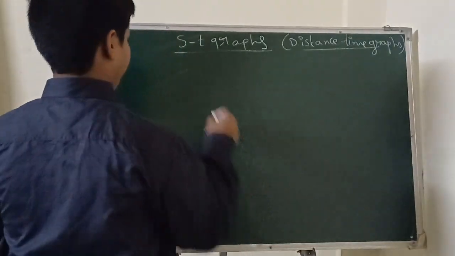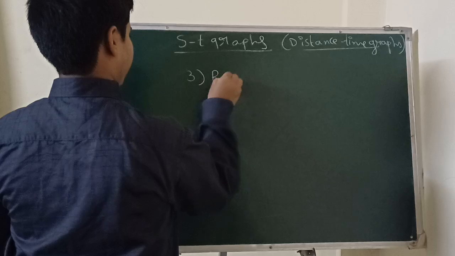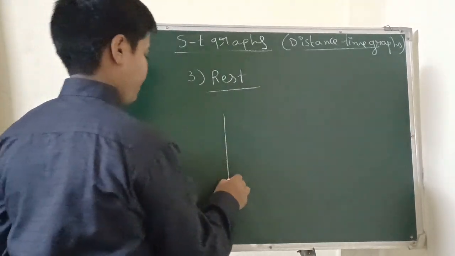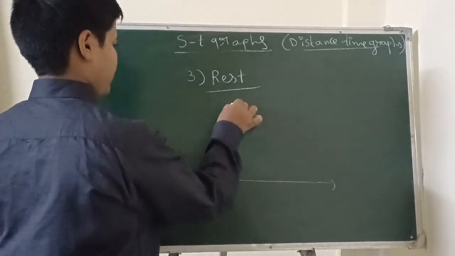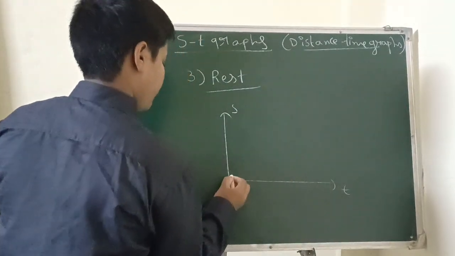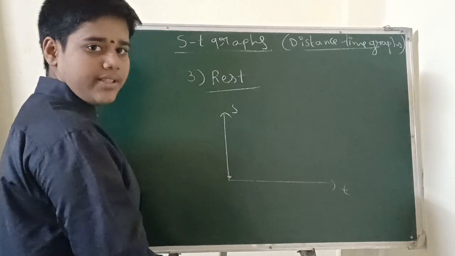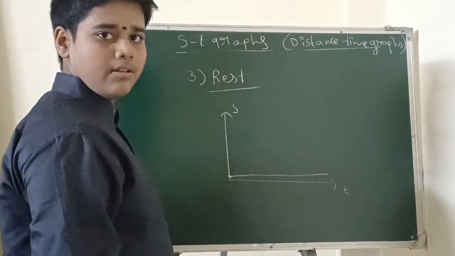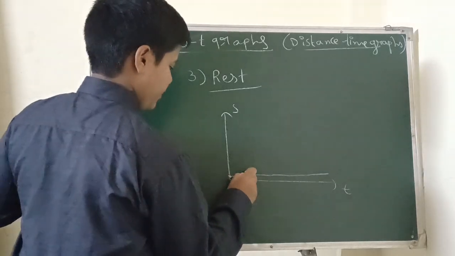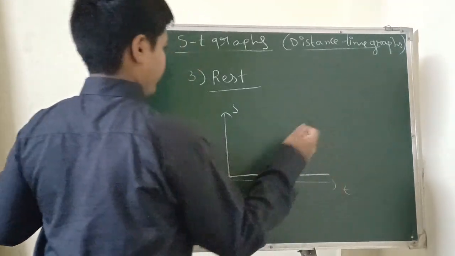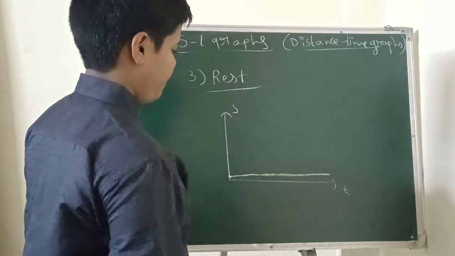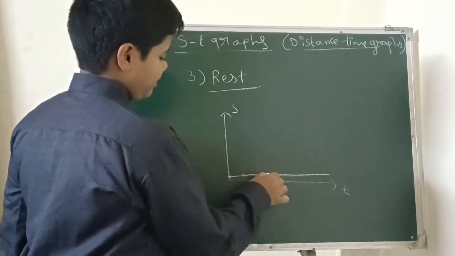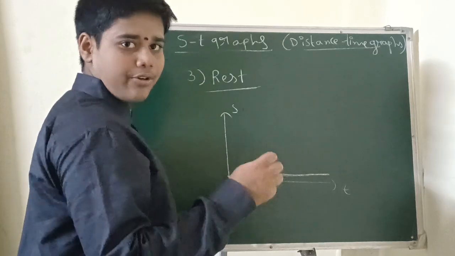And the third graph, rest. Rest means like this, S, T. If I start from this, rest means like this, plane. This is rest. So here if we find the slope, we can say that the slope from this point to this point is 0.